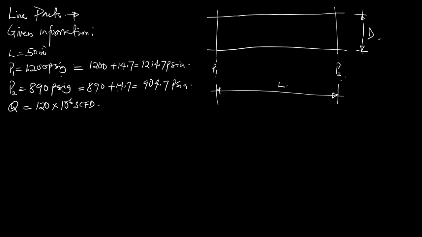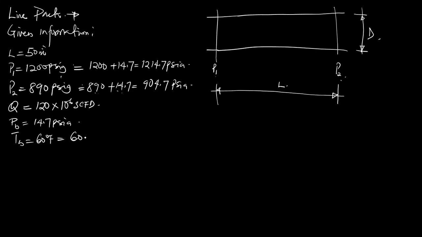Actually, to calculate the line pack, we don't need the flow rate information. Now, we are given the base pressure, which is 14.7 psia. We are given the base temperature, which is 60 Fahrenheit.